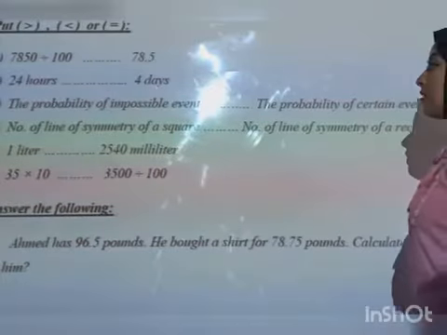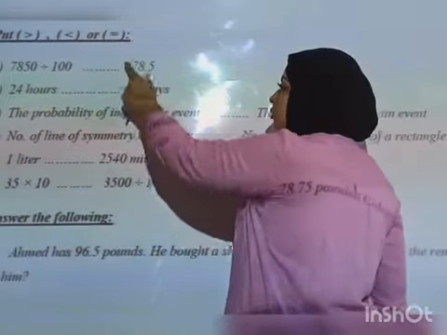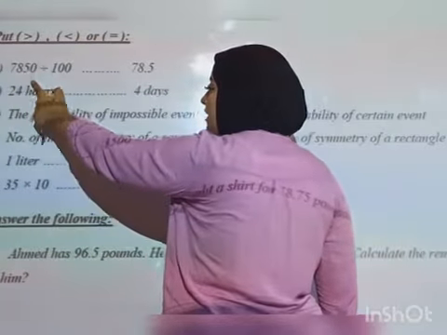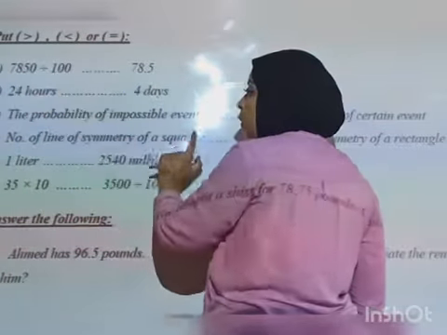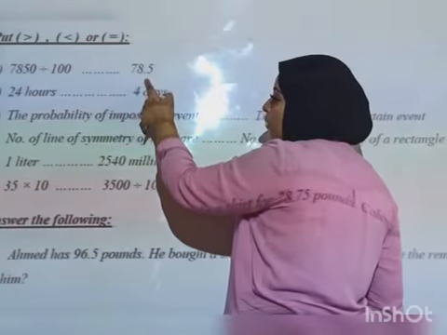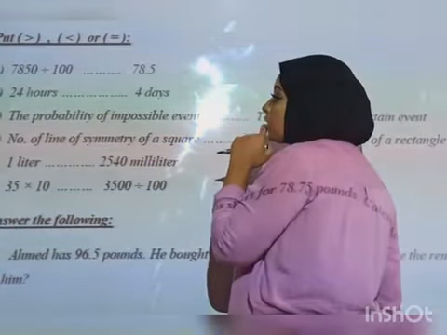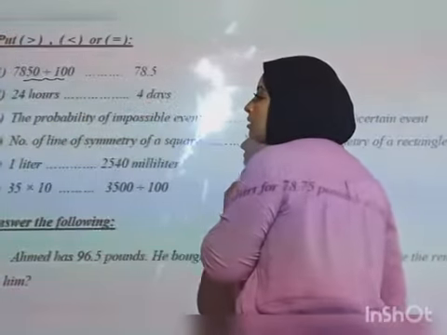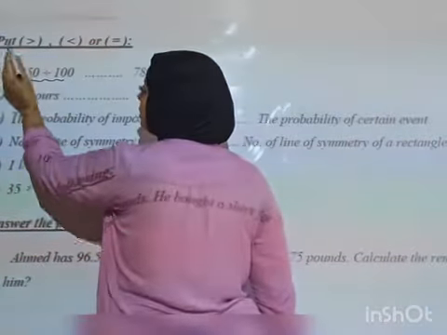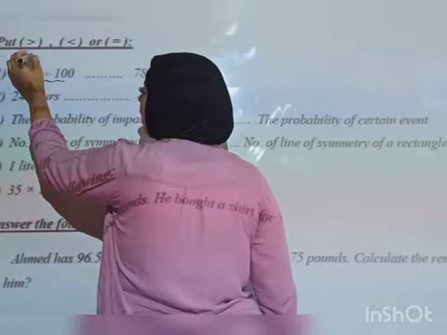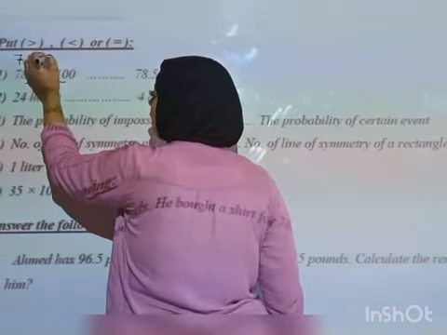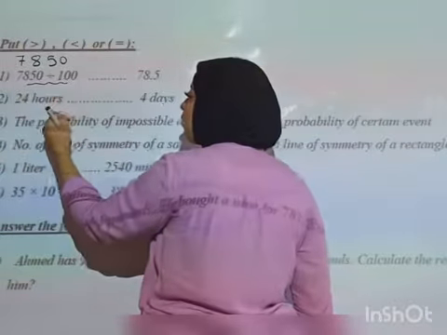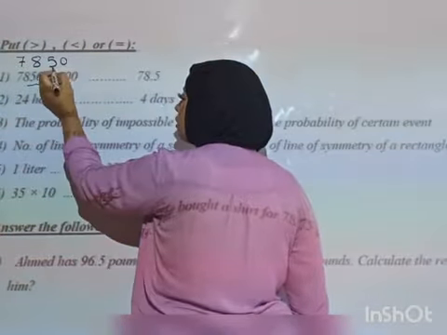Put greater than or smaller than or equal. Number 1, we have 7,850 divided by 100 or 78.5. Which is greater? We should get the result of this first. 7,850 divided by 100, that means we will put the decimal point after 2 digits. 1, 2.